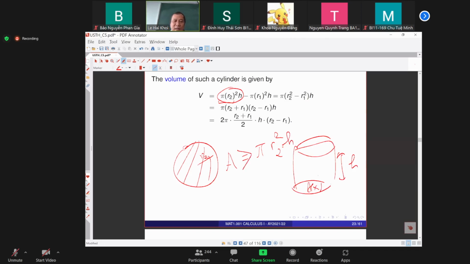That's why volume. The other also volume. And the answer, we manipulate this result to have R2 square minus R1 square by h. We factor R2 square minus R1 square as R2 plus R1 times R2 minus R1. And then you have 2 pi.